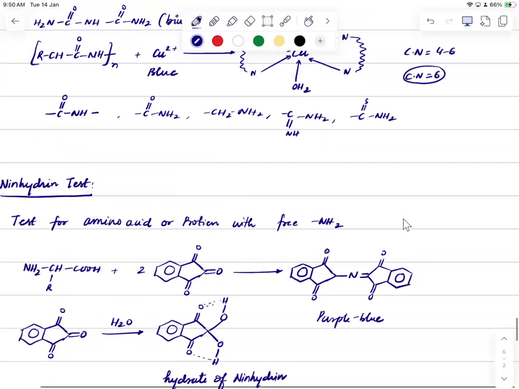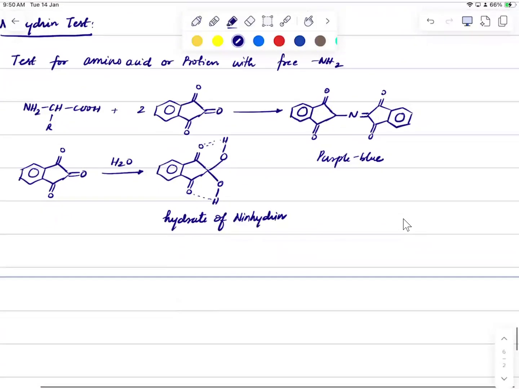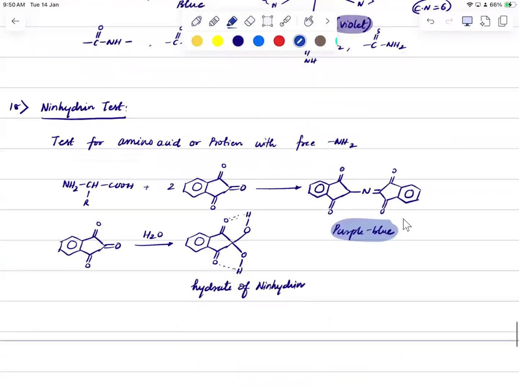Here I didn't write the color, it is violet color. Here it is purple blue color. Done. So this is the purple blue color which is formed, and the aldehyde part will come out of it, RCHO. Okay.